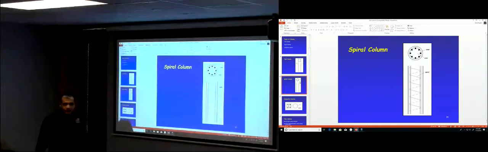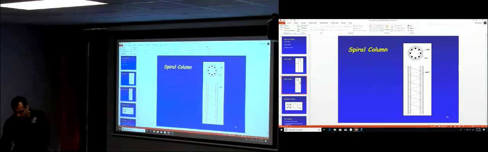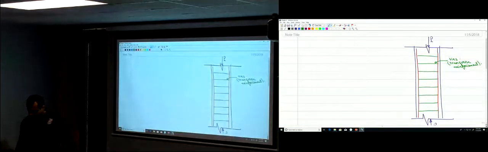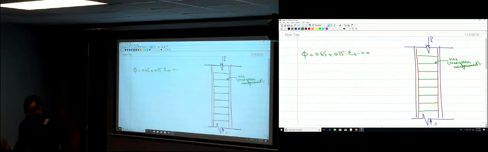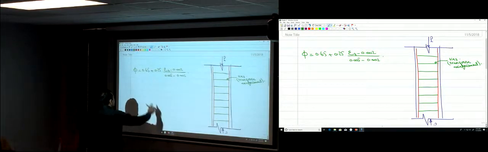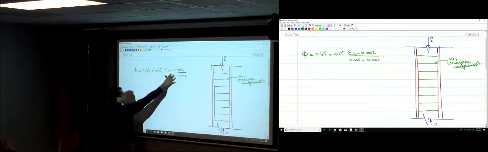You remember this in chapter 3? You remember the equations that we had, right? Phi is 0.65 plus 0.25 multiplied by the strain minus 0.002 divided by 0.005 minus 0.002. That's for separate stirrups, so it's 0.65 plus that value.